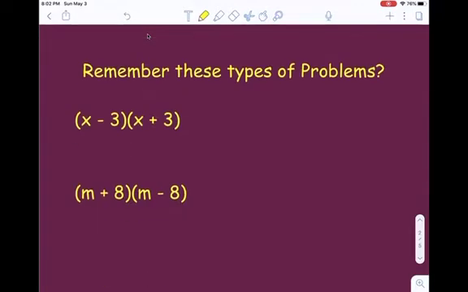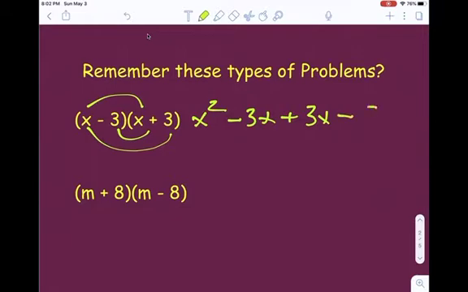Now, the first thing I want to talk to you about is what basically happens. So these should look kind of familiar, right? If we work on one of these, when you multiply these out, as I'm doing here, plus 3x, and then minus 9. Remember what happened is these 2 terms cancel each other out, and that's how you wind up with your difference of squares.